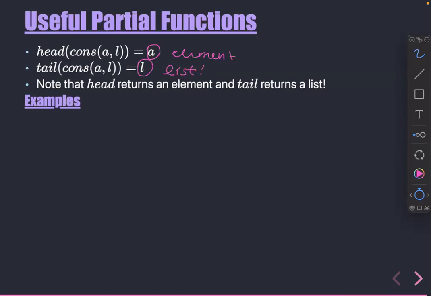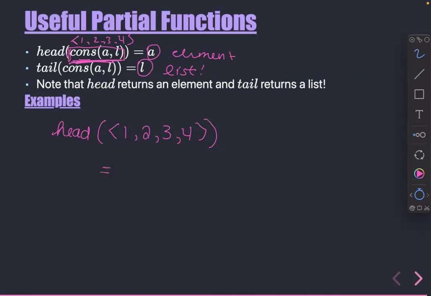So let's practice a little bit with head and tail. I wrote my list as cons, right? But A could be the number 1 and L could be 2, 3, 4. And so if I were doing head of 1, 2, 3, 4, I could reduce the function back to this cons format.